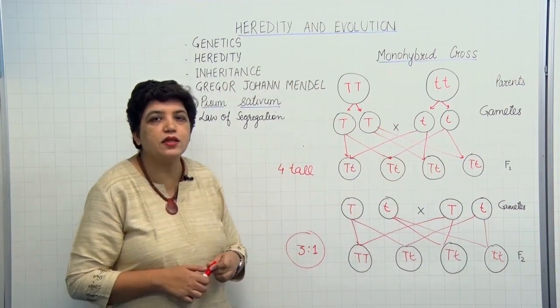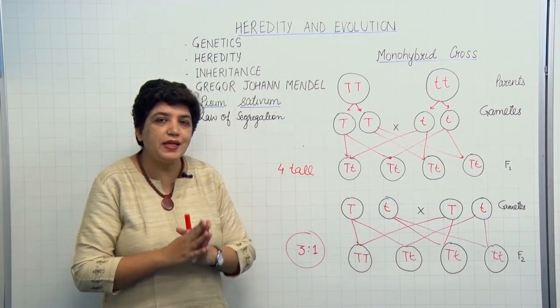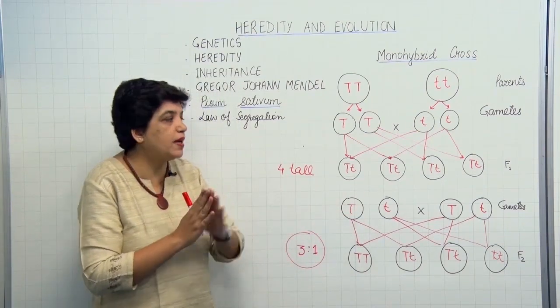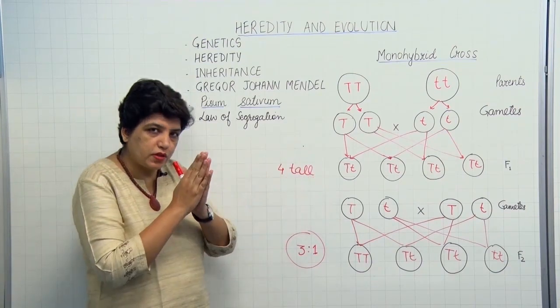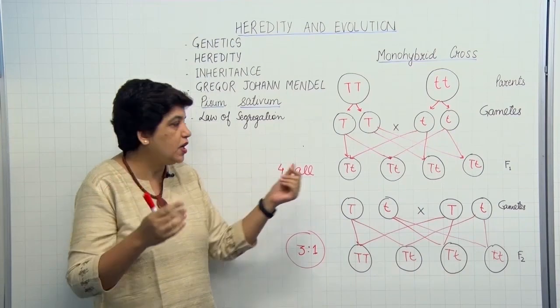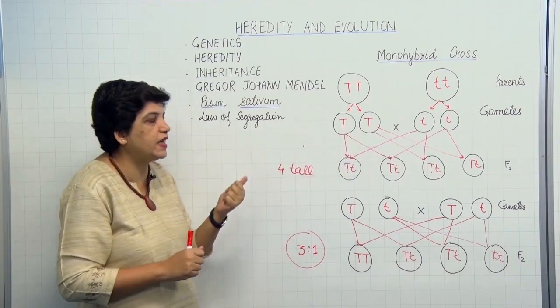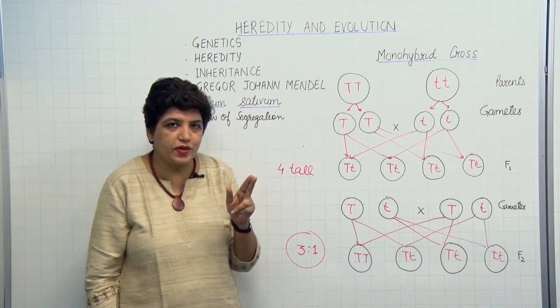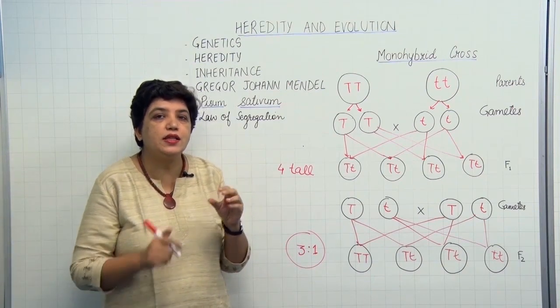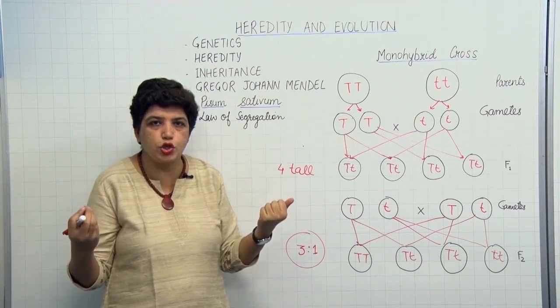This gave rise to the first law of Mendel. Mendel suggested that during gamete formation, the genes separate out, they segregate to form half and half to each cell. This is called the law of segregation. During gamete formation, the genes segregate and only half of the genes enter into each gamete.